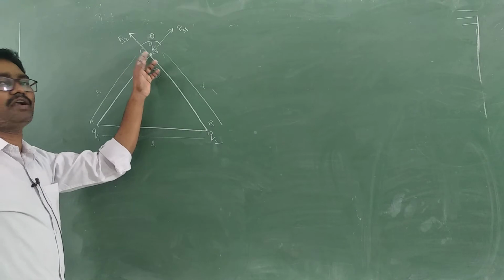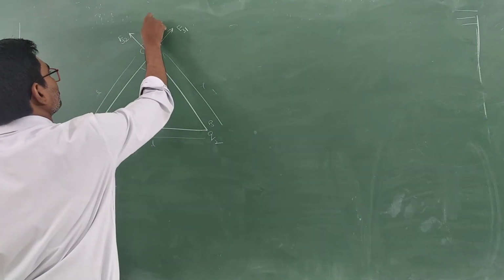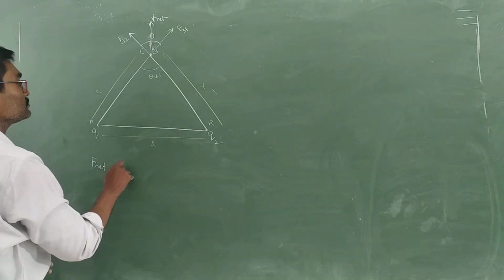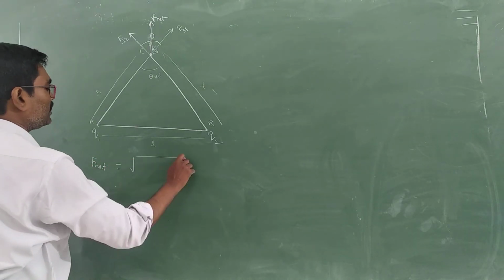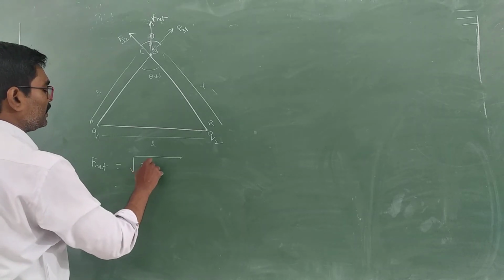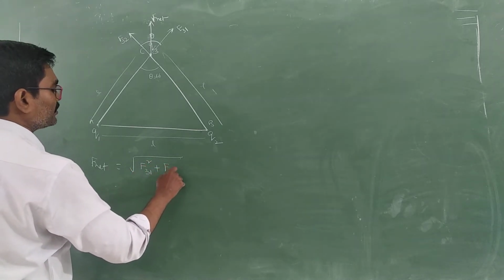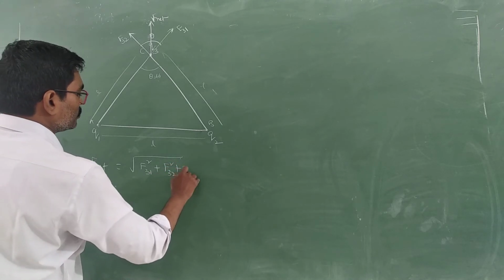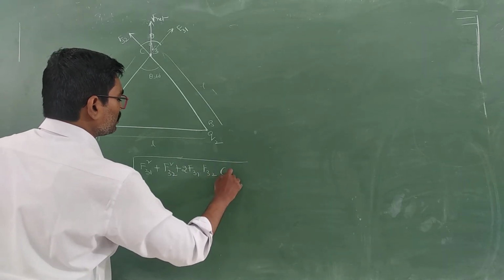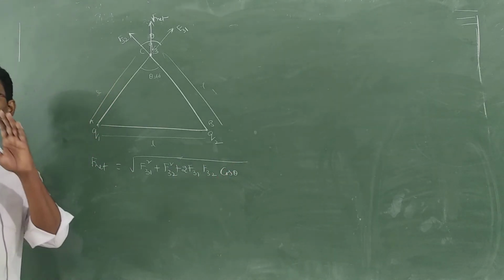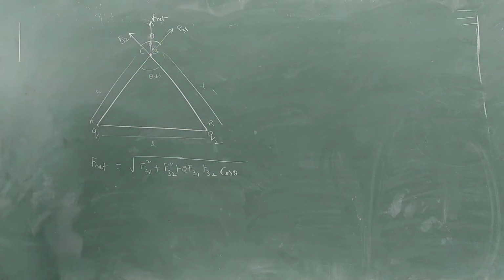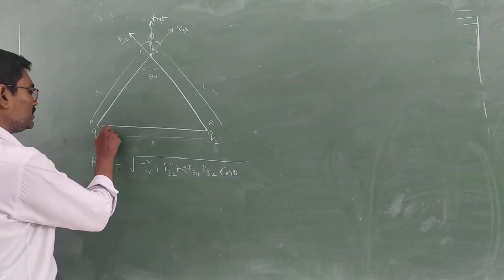So F net is equal to root over F31 square plus F32 square plus 2 F31 F32 cos theta.